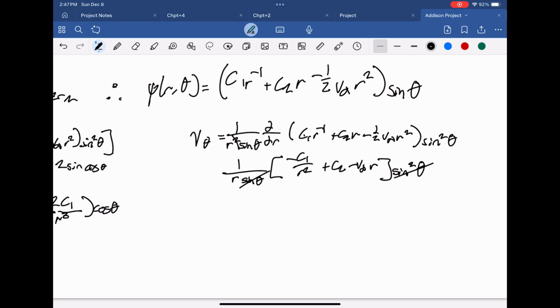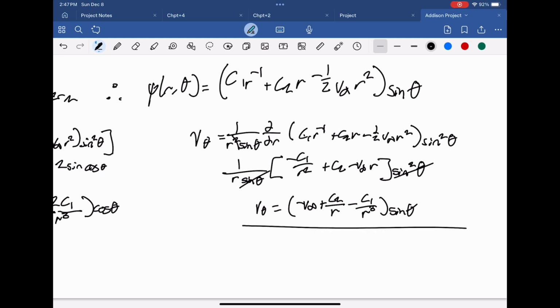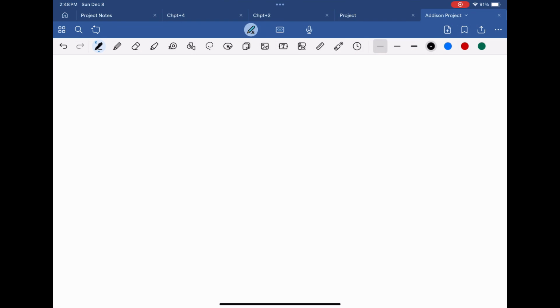We're just going to be left with V theta is equal to V infinity plus C2 over R minus C1 over R cubed times sine theta. All of that is going to be over 1.